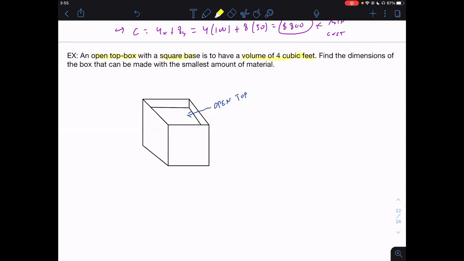Just given that information, we want to figure out the dimensions of this box that will utilize the smallest amount of material. We want to figure out what should be the total amount of material to make this open top box.